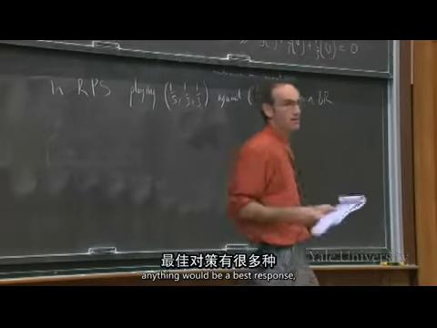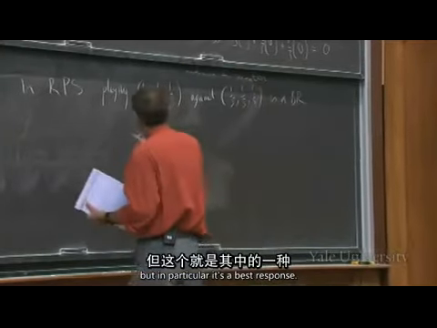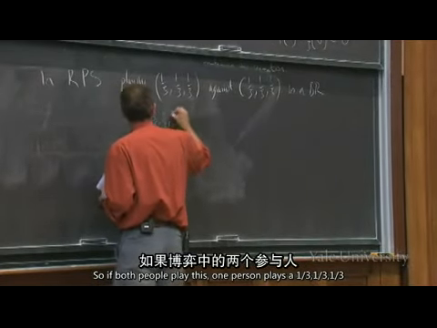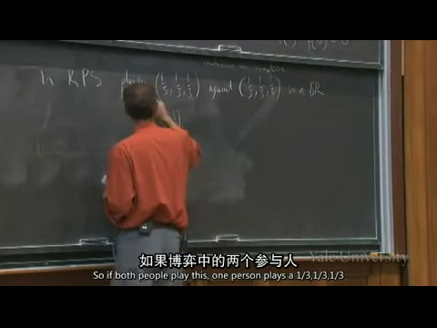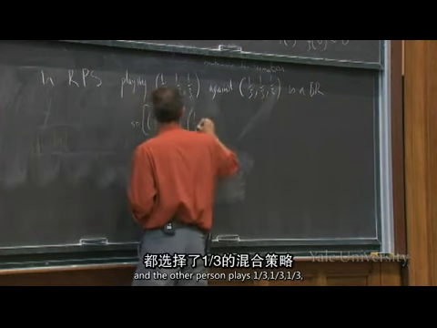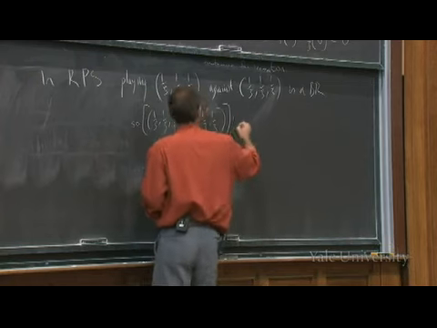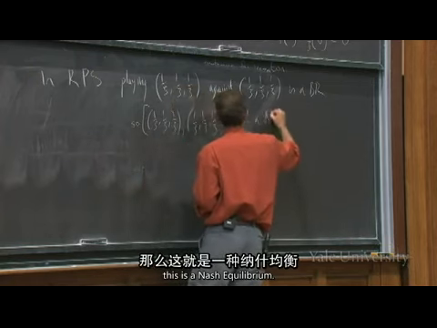In fact, anything would be a best response, but in particular, it's a best response. So if both people play this, one person plays a third, a third, a third, and the other person plays a third, a third, a third, this is a Nash equilibrium.